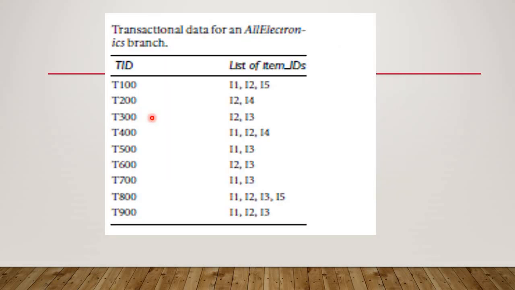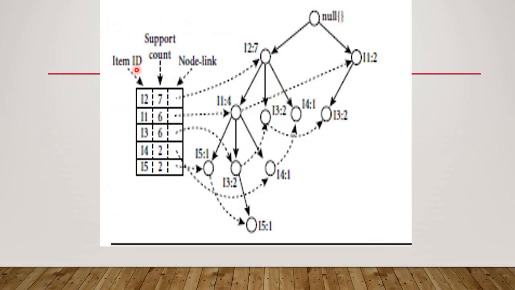For example, the first transaction is I1, I2, I5, but in the header table it occurs as I2, I1, I5, and therefore the path is drawn as I2, I1, I5 in the FP tree. Since this is the first path, the count of every node is initialized to 1.